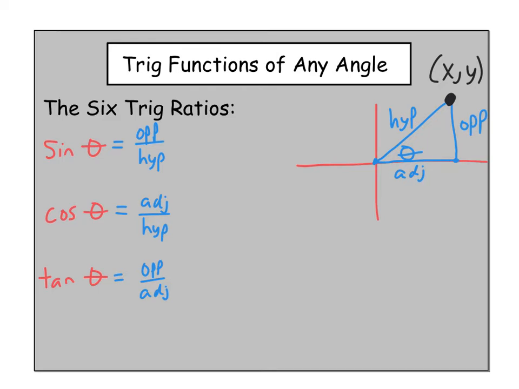So if you know the coordinates of that point, the adjacent side, no matter what quadrant you end up with, if you remember the reference angles, is always going to be the x-coordinate, because that's measuring horizontal distance from there to there. The opposite side from there to there will always just be whatever the y-coordinate is.